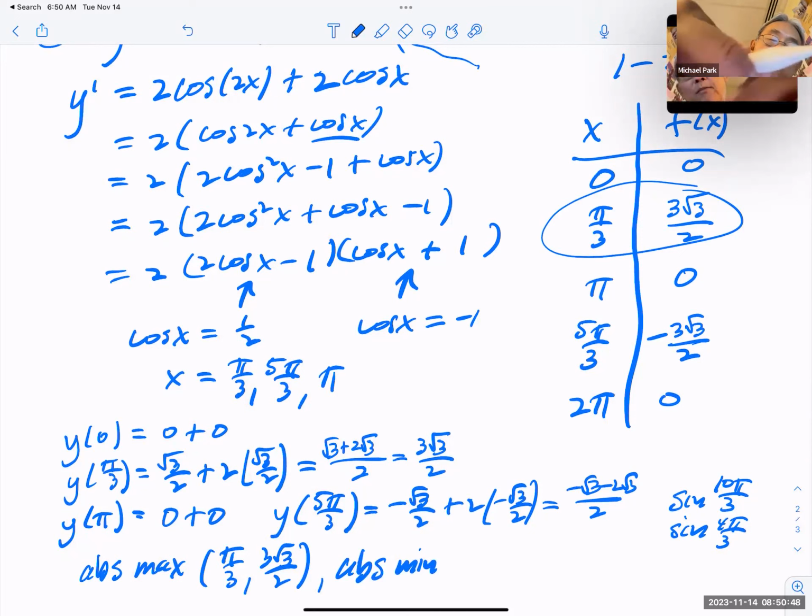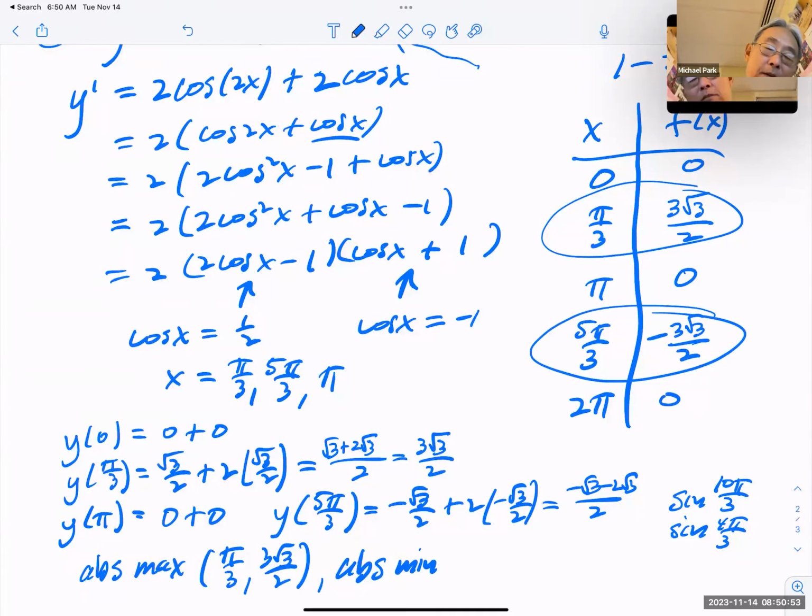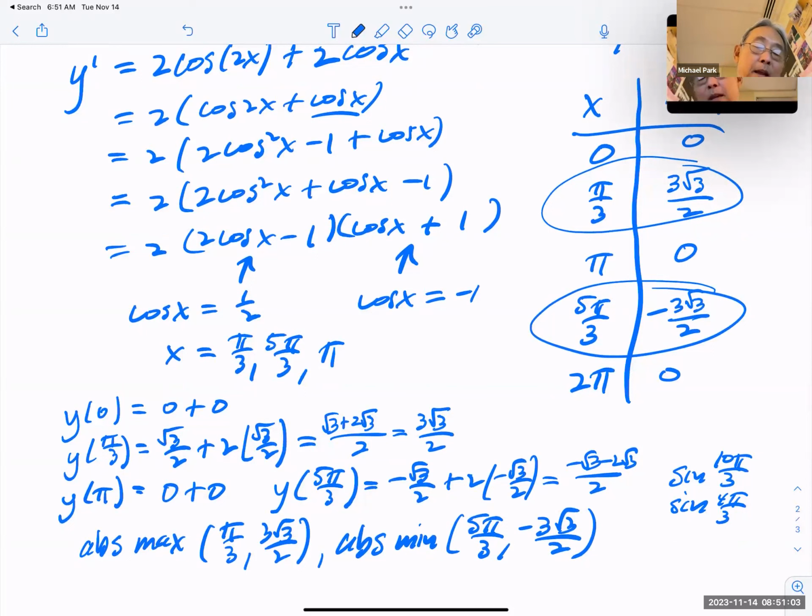What's the smallest number on the chart? Negative 3 root 3 over 2. So that would be your absolute minimum point, which is 5 pi over 3, negative 3 root 3 over 2. If the question was find the absolute maximum and minimum values, then you just give the y coordinates. But like I said, if you don't know, give both.